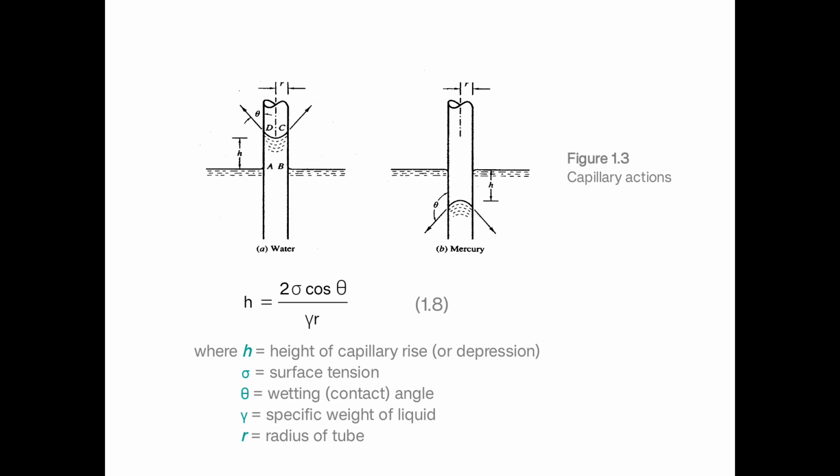And here is the concept of measuring the capillarity as a height. The height of capillary rise is a function of the surface tension sigma and the specific weight of the liquid we use, gamma, along with the radius of the meniscus or radius of the tube, which should be maximum 1 centimeter, 0.01 meter.